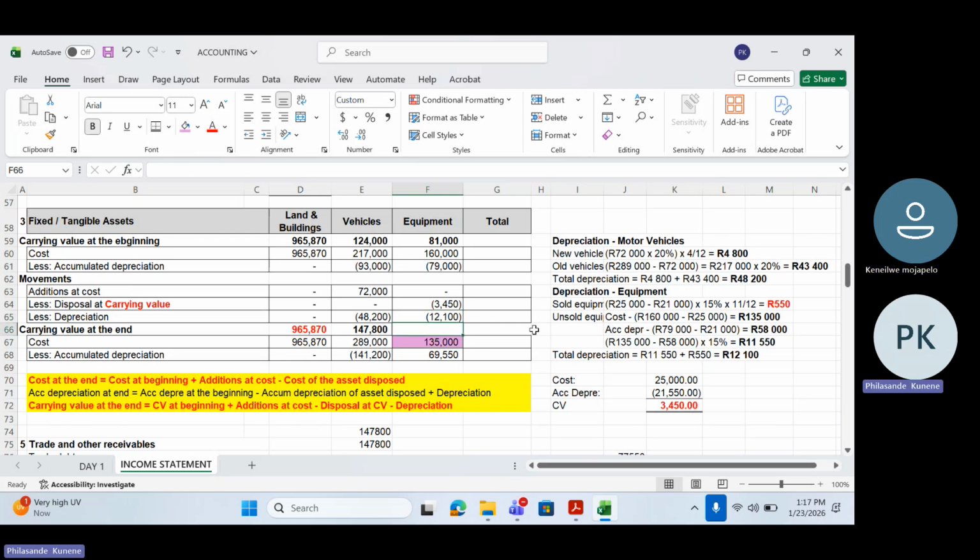How did you get that? I used cost minus accumulated depreciation. Okay, you got 65,450, right? Yeah. Can you use the other method as well to see if you're getting that amount?